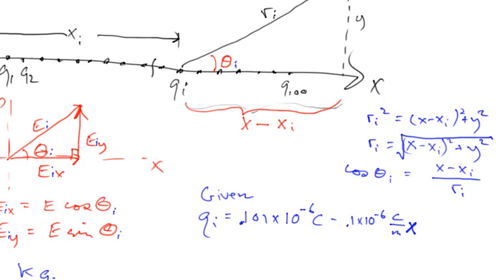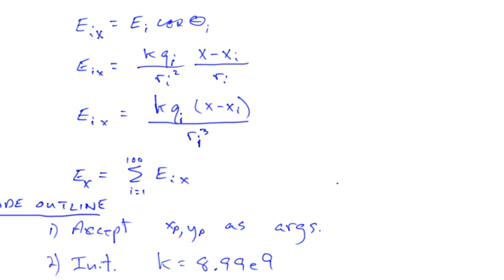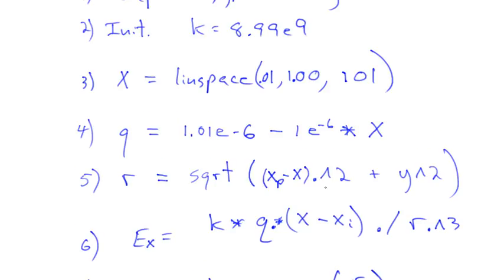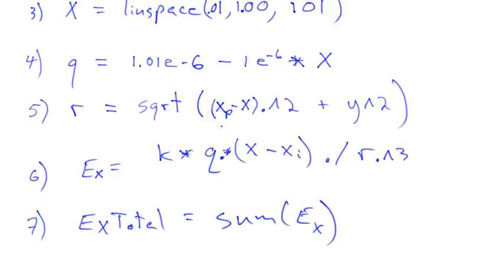And then once I've done that for each of the particles, I add up all the X components and I have the answer that they're looking for. Alright, EX total.